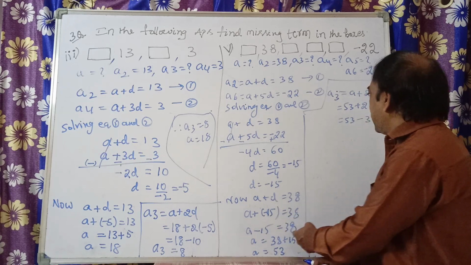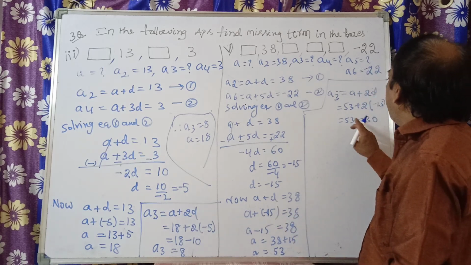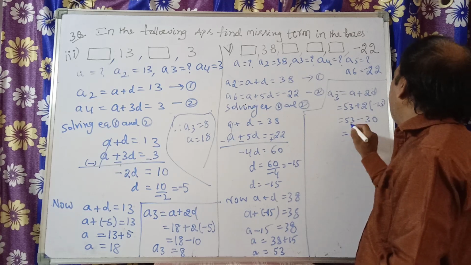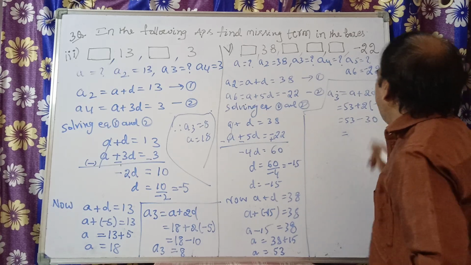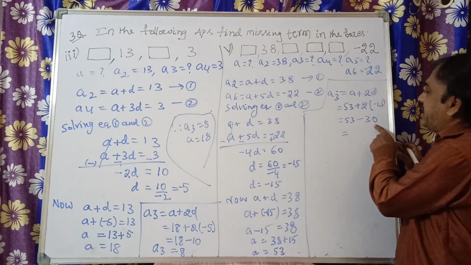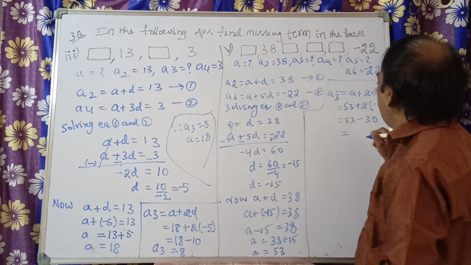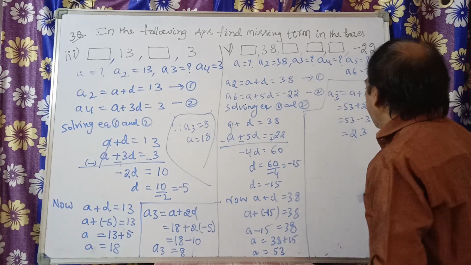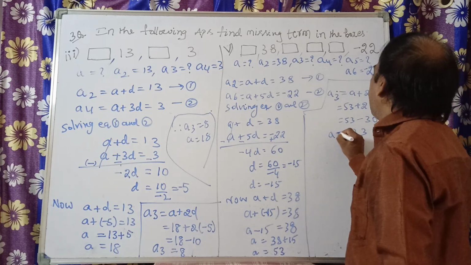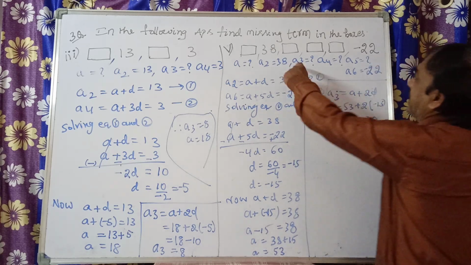Plus into minus is minus, so 53 minus 30, you will be getting 23. This is a3.